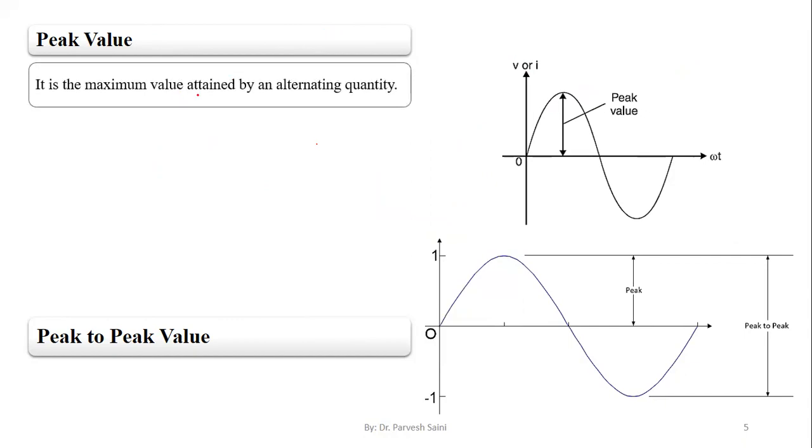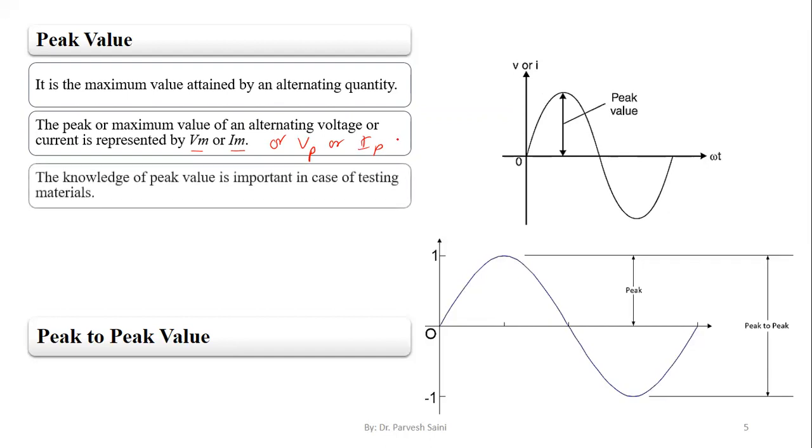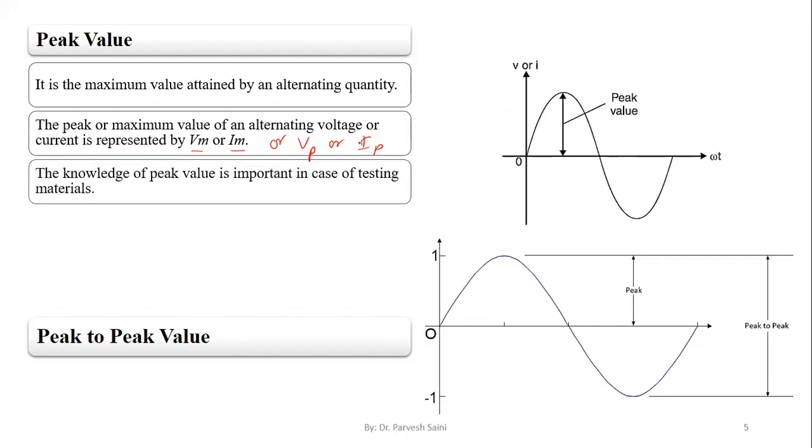This is the maximum value attained by an alternating quantity, and it can be denoted as Vm or Im or Vp or Ip. So it is very important to know the peak value of any signal.